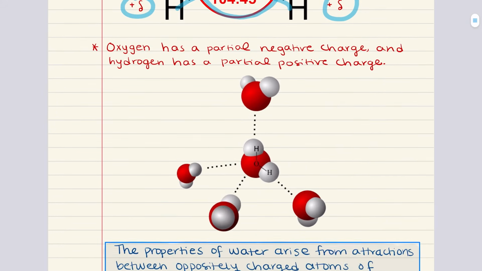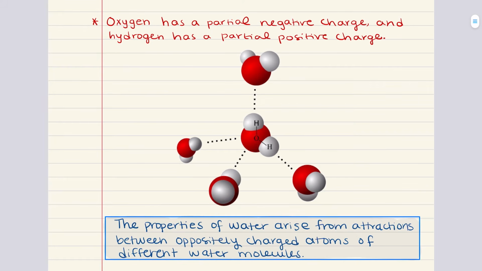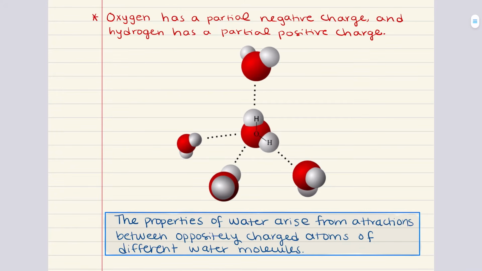Now, in addition to that, water molecules are also known for their strong intermolecular attractions. These attractions occur between the slightly negative oxygen atom of one water molecule and the slightly positive hydrogen atom of another water molecule. There is this interaction between these two water molecules that extends to many more water molecules as well.